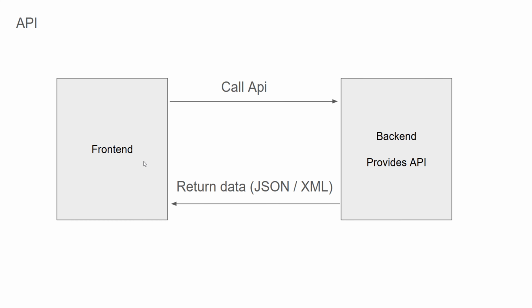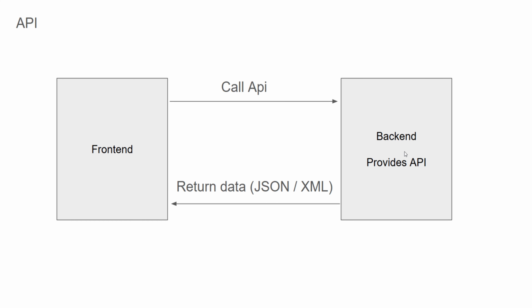For example, you want to show a list of products. You will call an API like product, and the backend receives a call with the API product, and it will return a list.